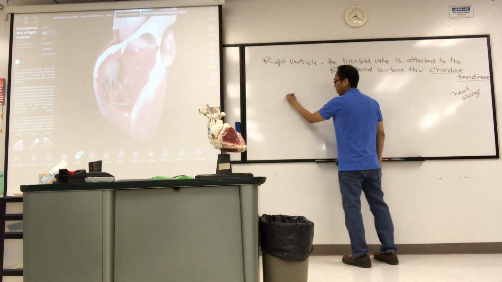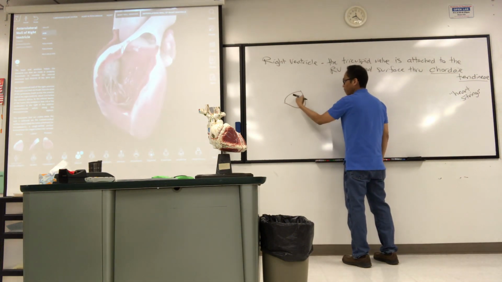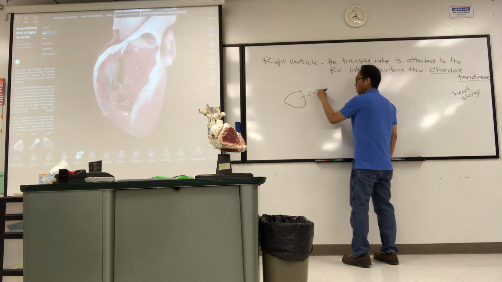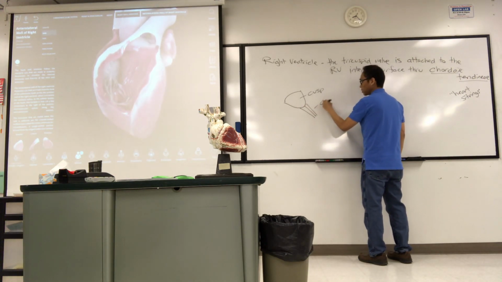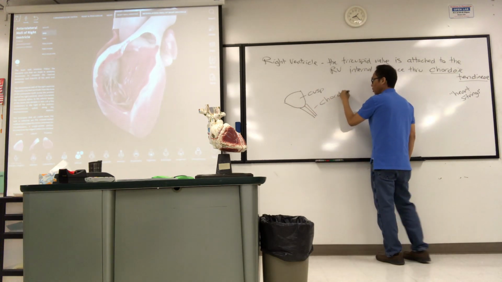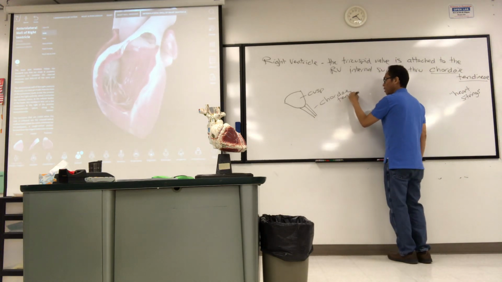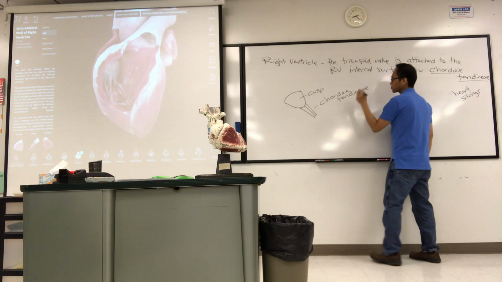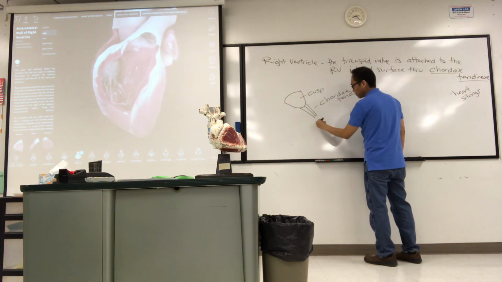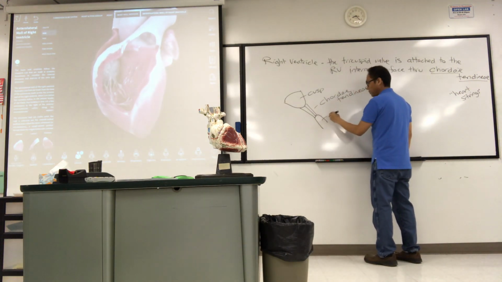You have a cusp of the valve, which is the valve itself. Then you have these heartstrings, chordae tendineae. And then you have this nipple-shaped muscle called papillary muscle.